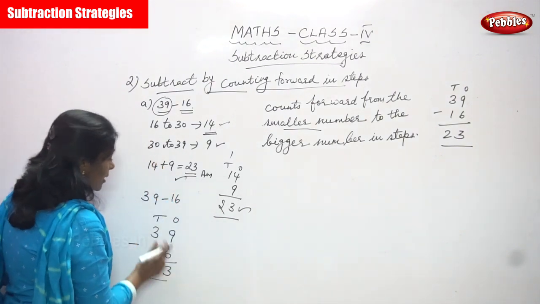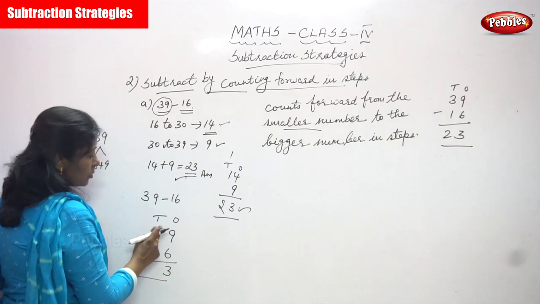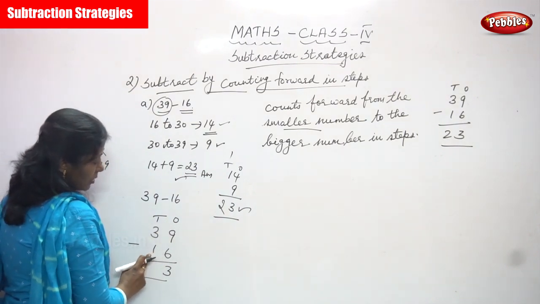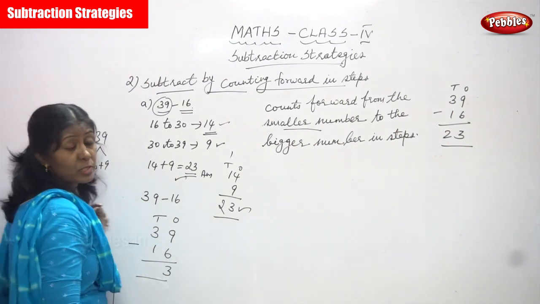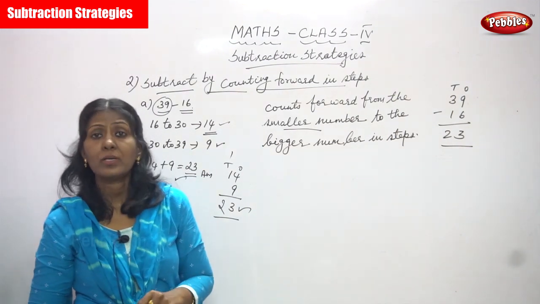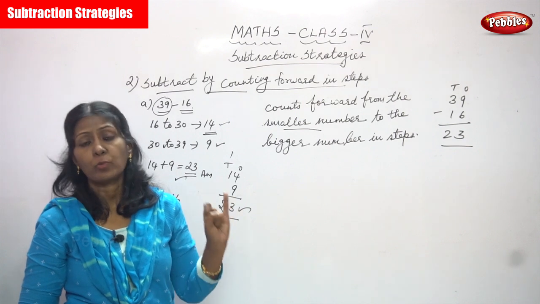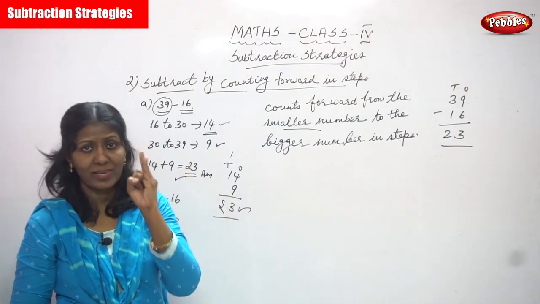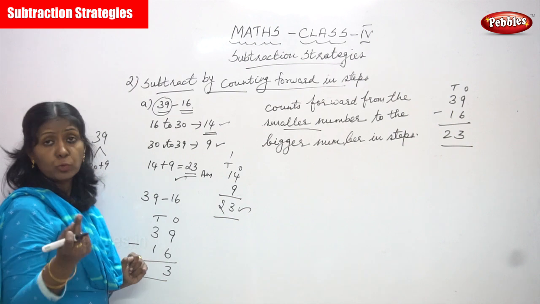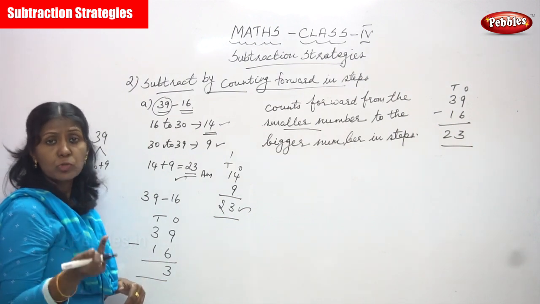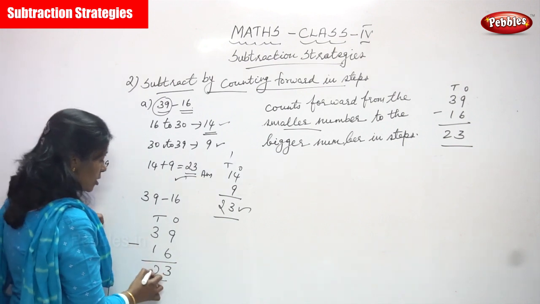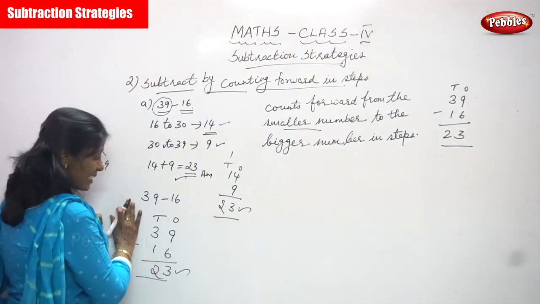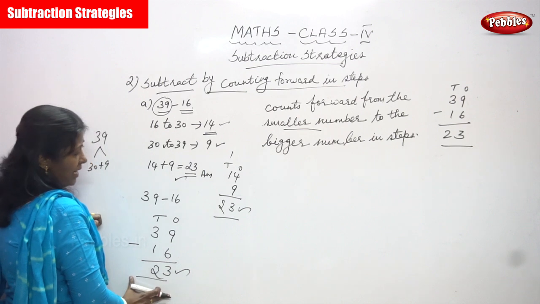Then 3 minus 1, backward counting again, after 1, 2, 3. The number is 2. So 23. This is a very general subtraction.